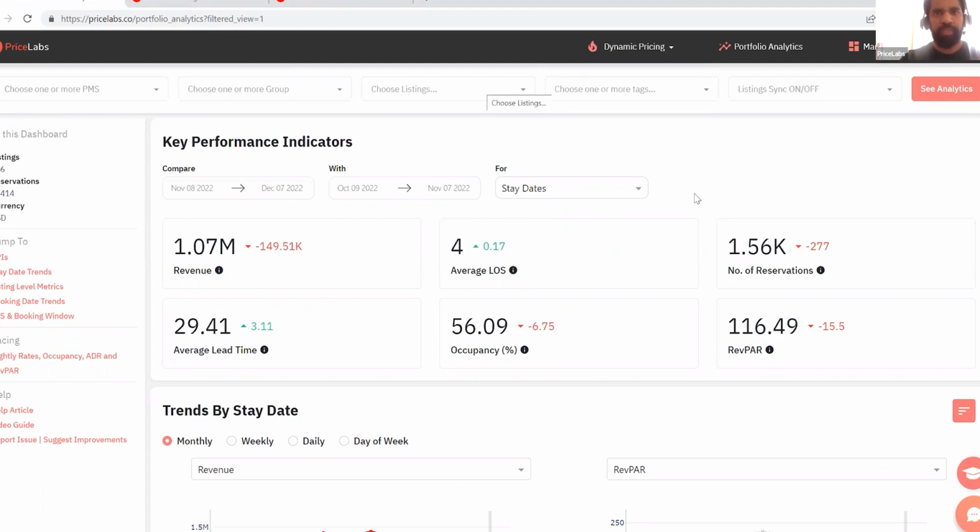So bear with me. Also, I do want to specify that we have 3 products. Dynamic pricing, which I'm assuming a lot of you already use PriceLabs for, automates your rate updates to your property management system or Airbnb or VRBO every day. Number 2, we have market dashboards. This is market data.